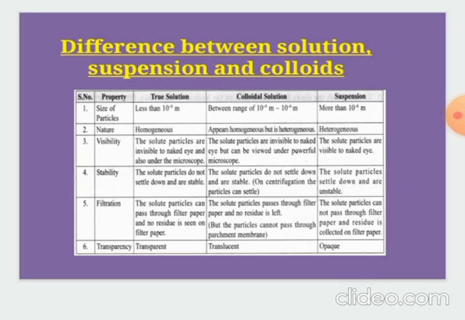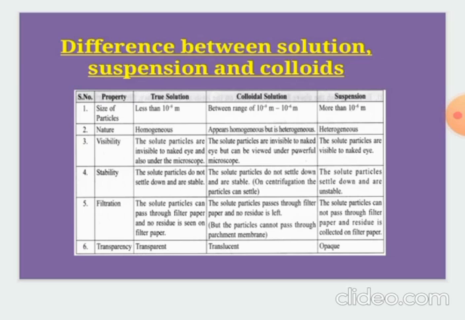The third property is visibility. Solute particles are invisible to the naked eye and under the high power electron microscope in the case of solution. In the case of colloidal solution, solute particles are not visible by the naked eye but can be viewed under the high power electron microscope. In the case of suspension, the solute particles are visible to the naked eye.